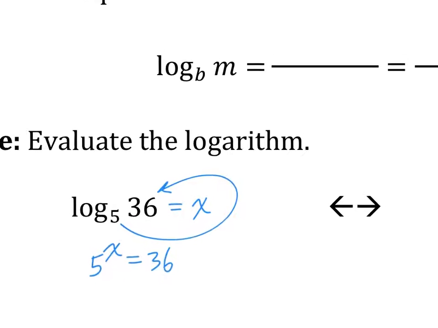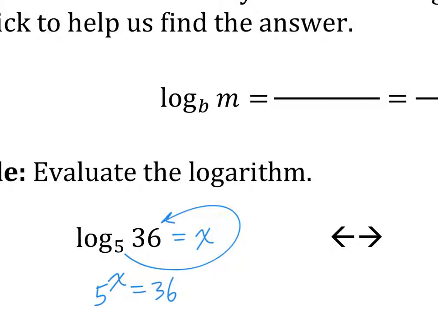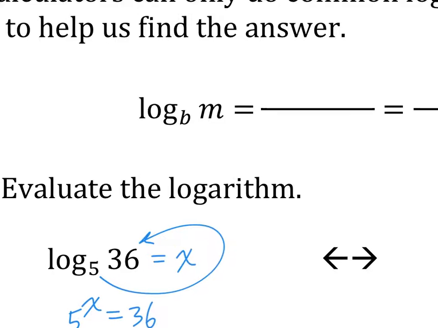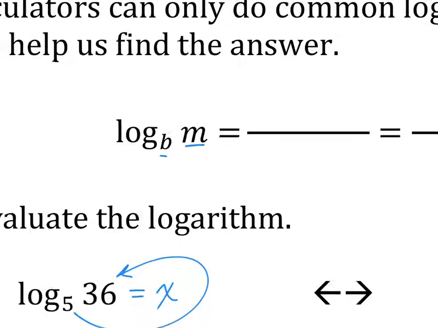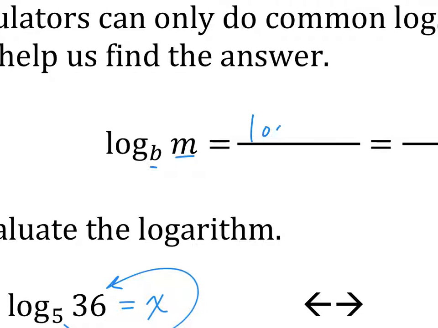What we can do is this thing called the change of base. Change of base says if you have a log base b of m, what you can do is change it so it's log of m over log of b. Log of m over log of b, and then we just use the same base for that log. And we don't use base b, basically.